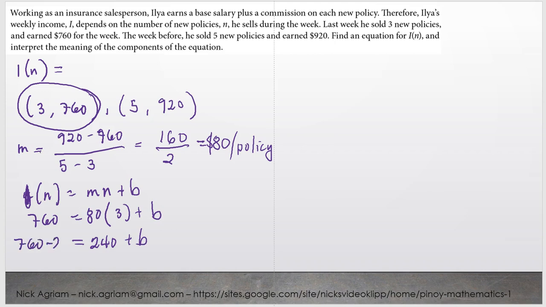So if we subtract both sides of the equation by 240, our b here is 520. Then we have I of n equals 80n plus 520 dollars.